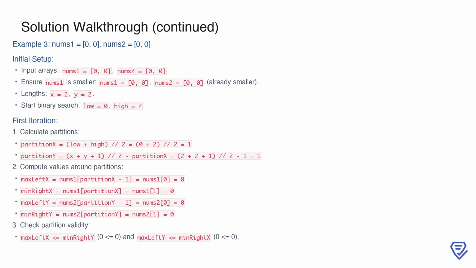We compute the values around the partitions. Max left x is nums1[0], which is 0, and min right x is nums1[1], which is also 0. For nums2, max left y is nums2[0], which is 0, and min right y is nums2[1], which is also 0. We check the partition validity conditions, and both max left x less than or equal to min right y and max left y less than or equal to min right x are satisfied.